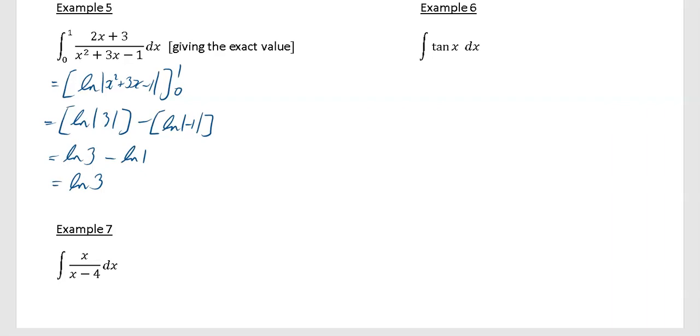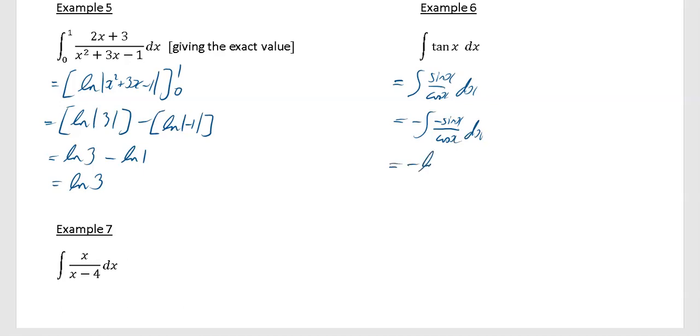Okay, we've quite possibly seen this one already, but just to show you, we'll write that as sine of x over cos of x. Then you can see again, it's not quite in the form we want. Differentiate cos, you get minus sine. So take a minus outside to make it all right.